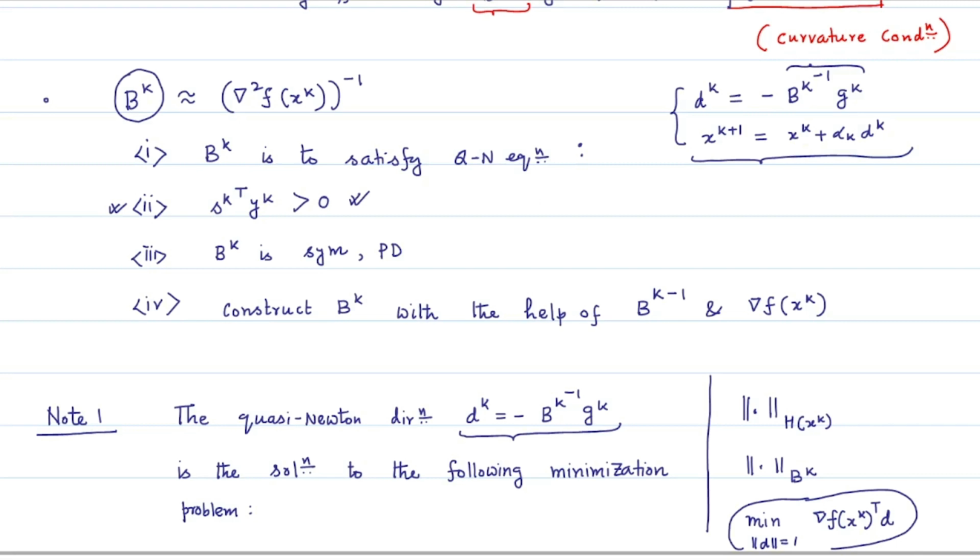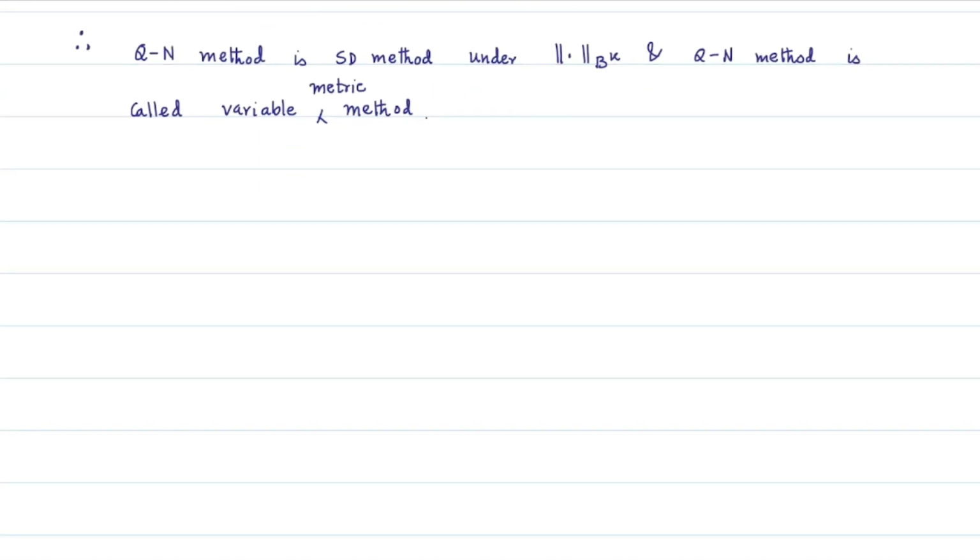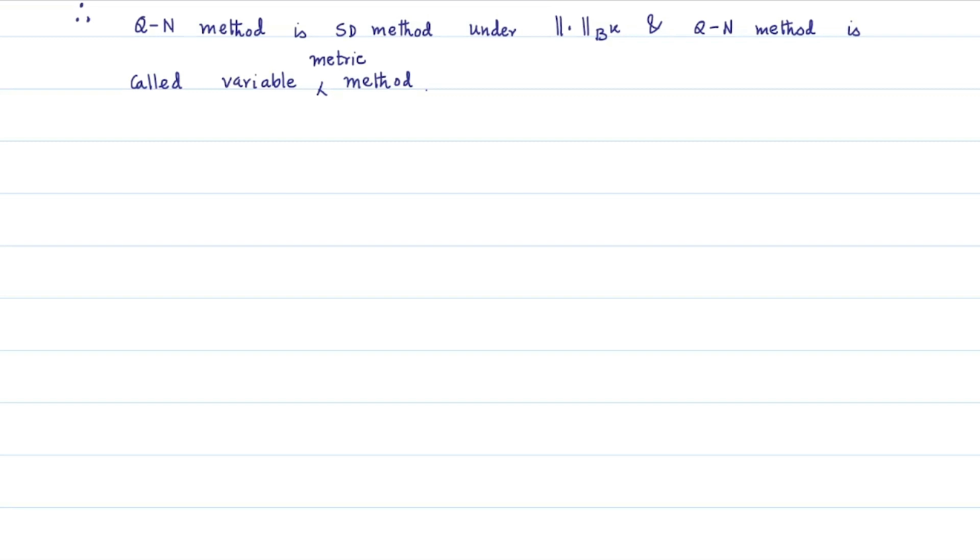But this curvature condition is not really very restrictive. In fact, if the step length alpha k is chosen with the help of the weak Wolfe condition, then this curvature condition is automatically satisfied. As a note, let me show it. yk transpose sk greater than 0 is not very restrictive.